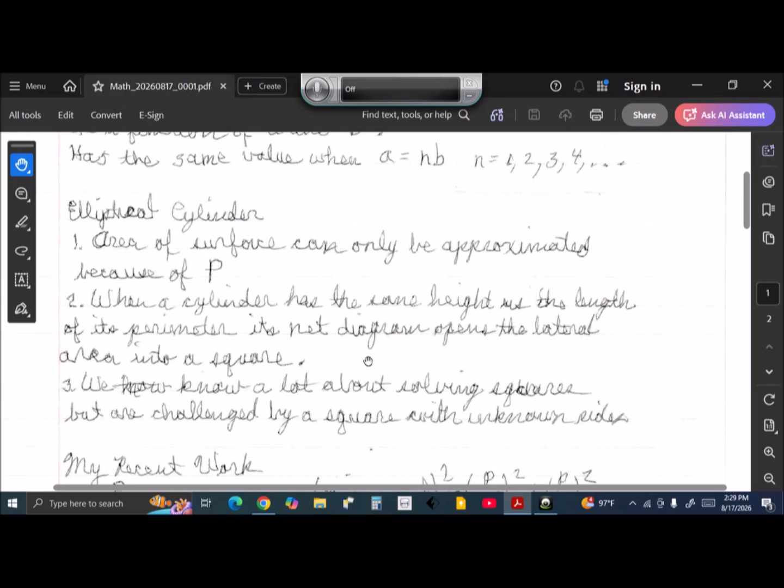So we have taken the search for P from the nonlinear elliptical domain into the domain of a square. And it seems that we know a boatload of information about the square. We studied the square inside and out.